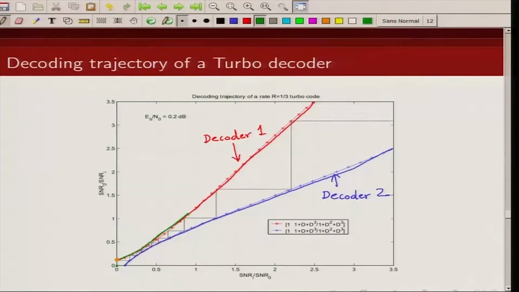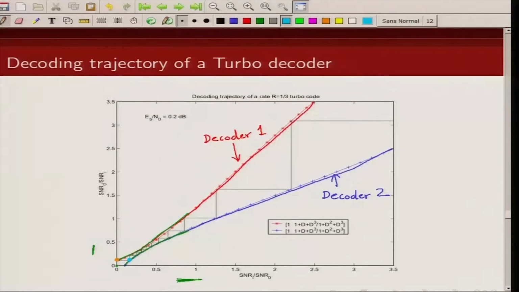We now look at this curve, which is the transfer characteristics of decoder 2. For decoder 2, this side is input and this side is output. So we look here and we look horizontally. This is the point corresponding to SNR out for decoder 2.